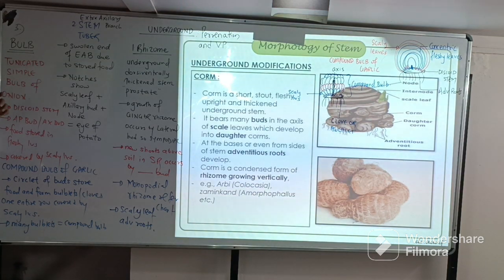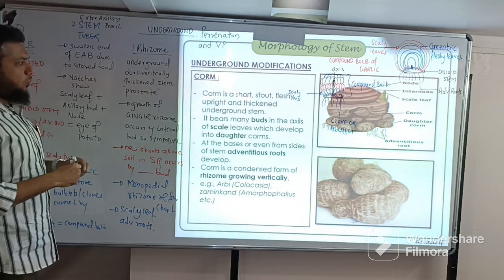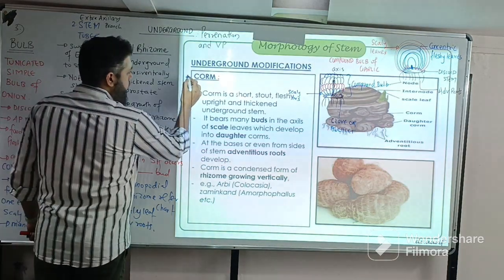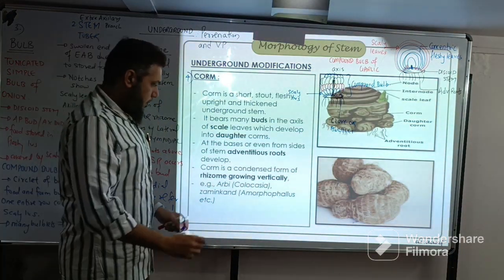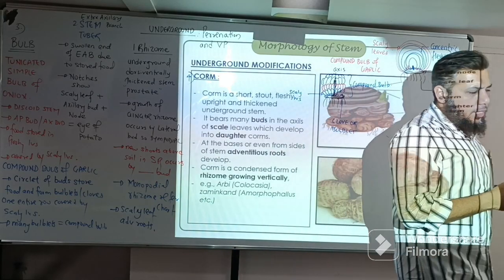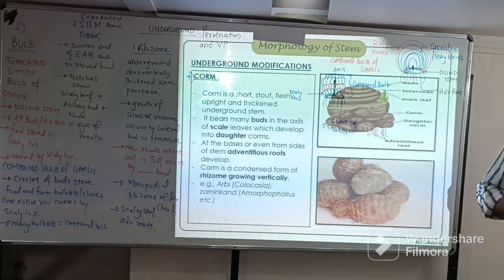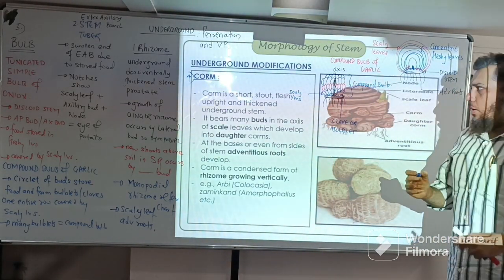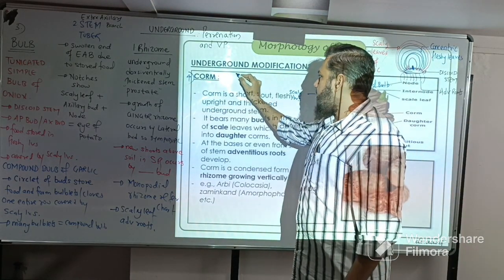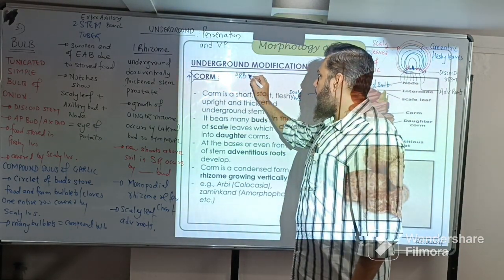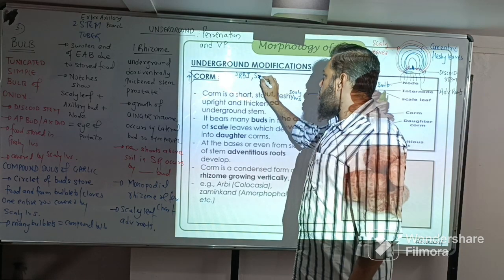Clear? The fourth modification. What do you call it? It is called the corm. In common language, it's a vegetable, and the common example is arbi. Have you eaten it, or suran?